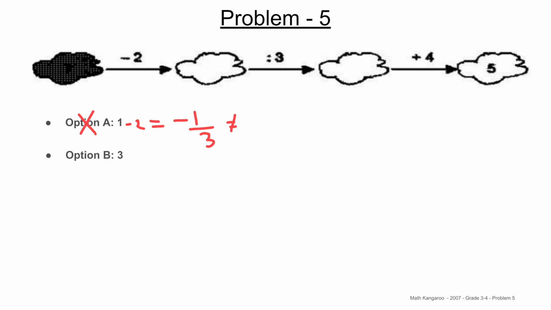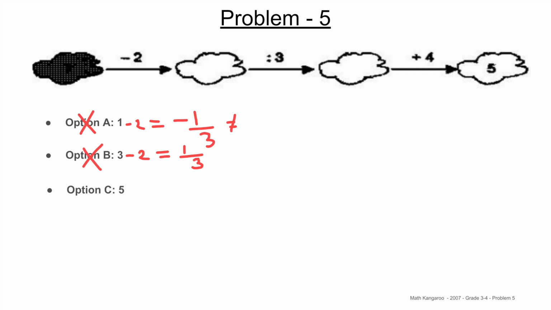Option B, 3. We start with 3, subtract 2, 3 minus 2 gives us 1. 1 divided by 3, again it's not a whole number, it's a fraction. This is not our answer.